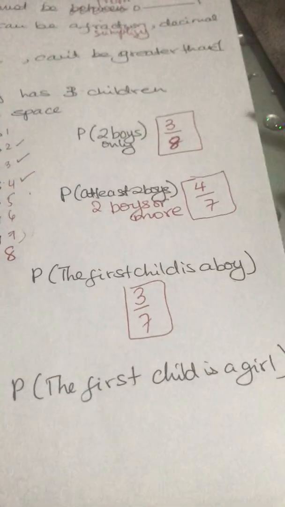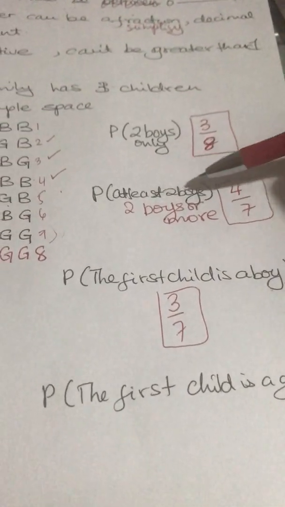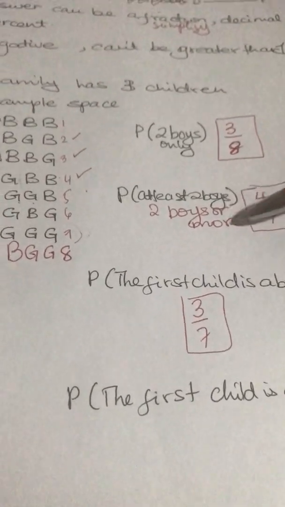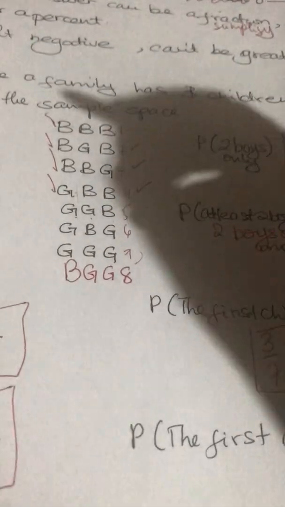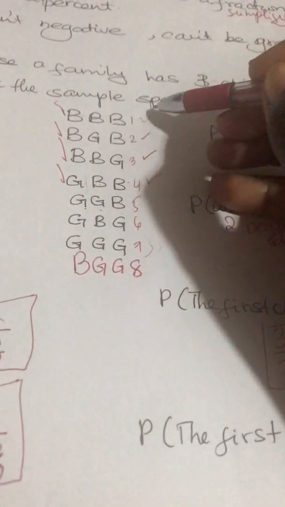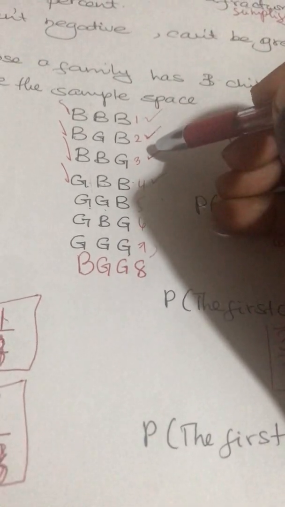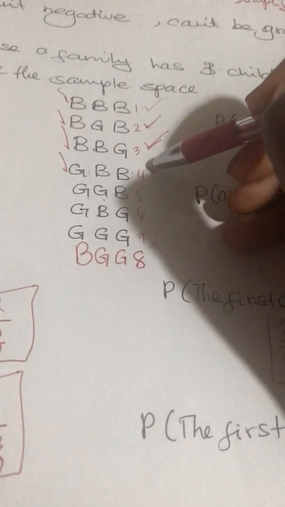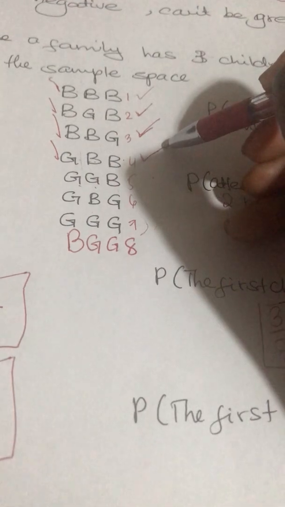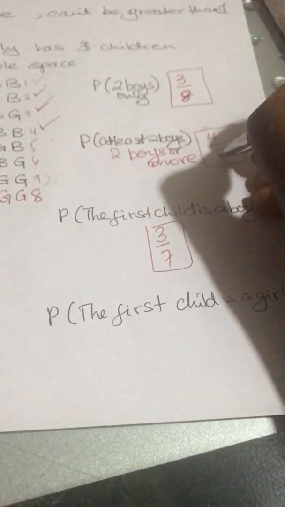The probability of at least 2 boys or more. 1, 2, 3, 4. Yes, 4 out of 8.